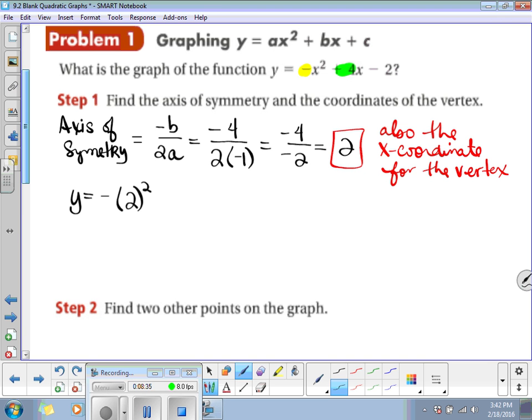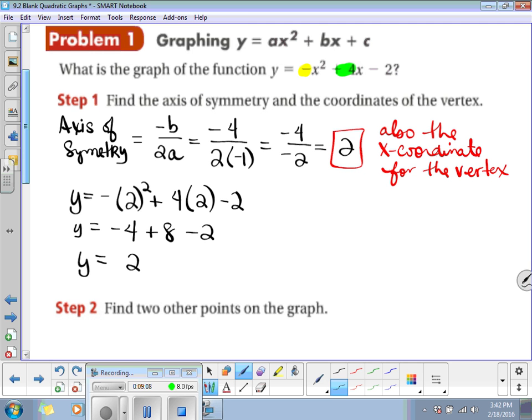So negative 2 squared plus 4 times 2 minus 2. So this is going to be equal to a negative 4 plus 8 minus 2. So y is equal to, let's see, negative 4 plus 8 is 4. Minus 2 is 2. So there's my y value for my vertex.